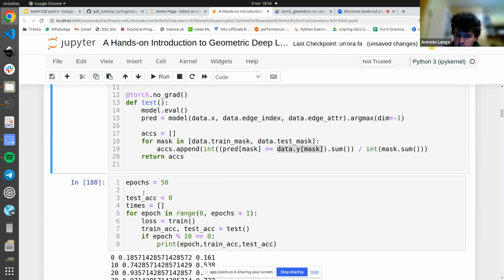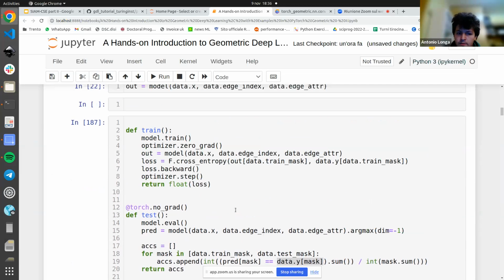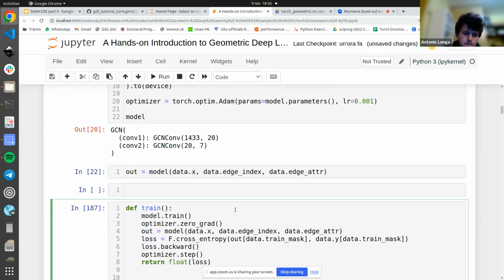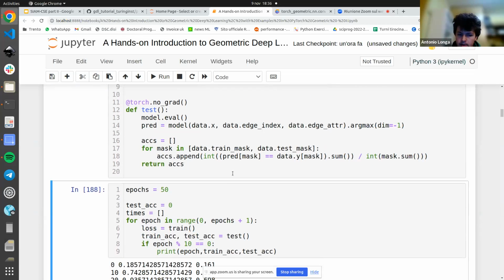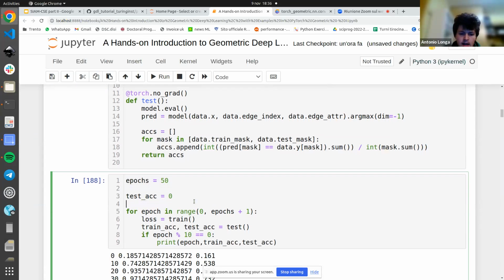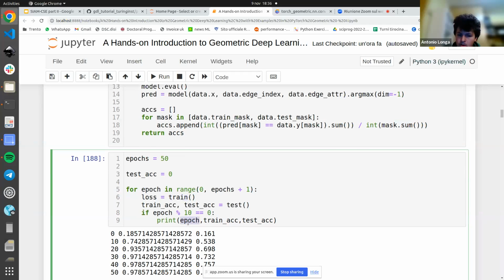Once you have done this, what you can do is simply iterate for a specific number of epochs. I'm going to do 50 epochs, just for example, and we don't need any more, anyhow. Train our model and compute the accuracy. And every 10 epochs, I'm going to print the epoch number, the train accuracy, and the test accuracy.